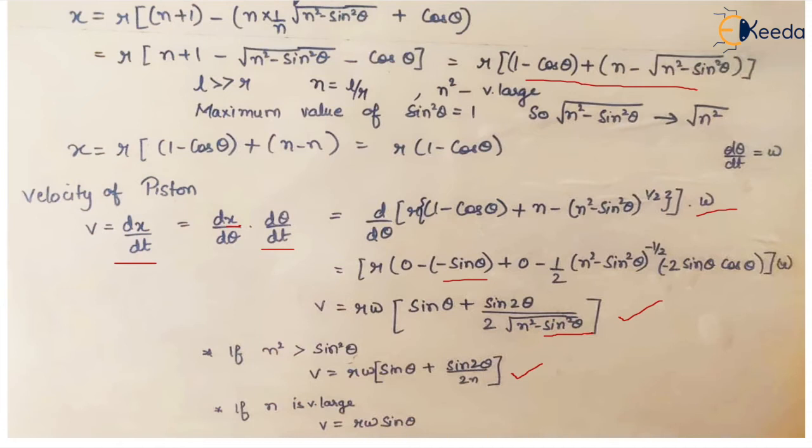And if n is very large, if you keep it in the denominator, it will make this factor very small. So we can again ignore this factor in case n is very large.